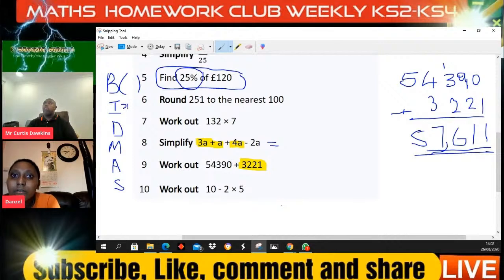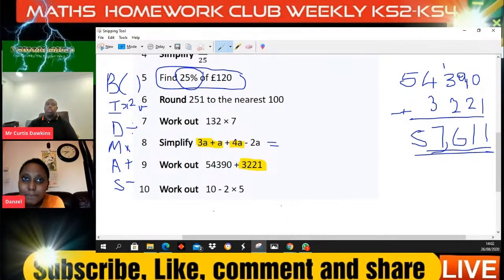So things like x squared. Square root, division, multiplication, addition, subtraction. Yes? So tell me, what bit would you do first here, Denzel?